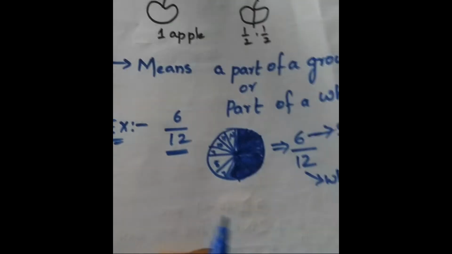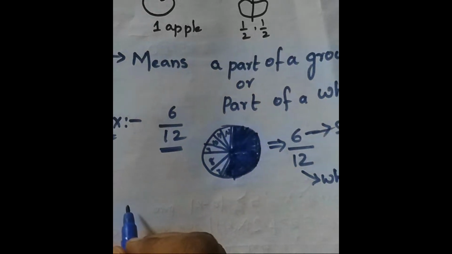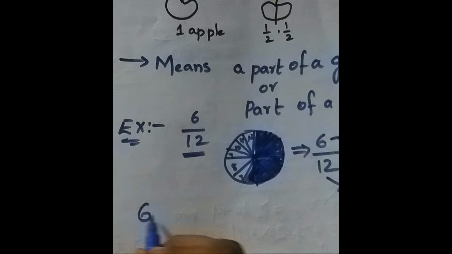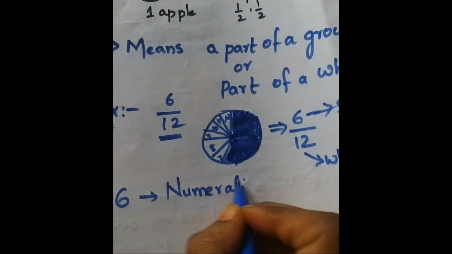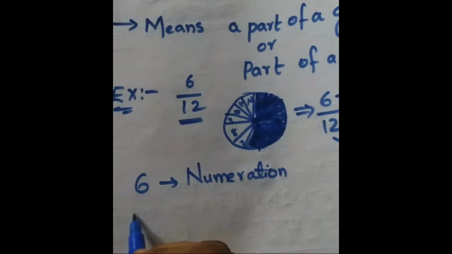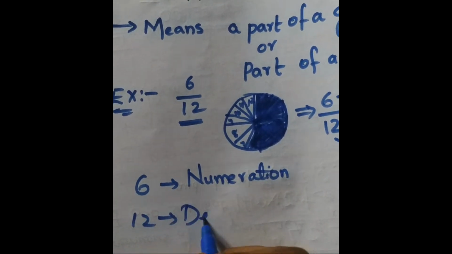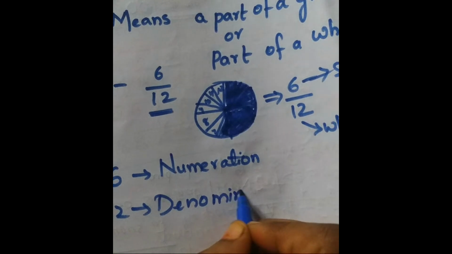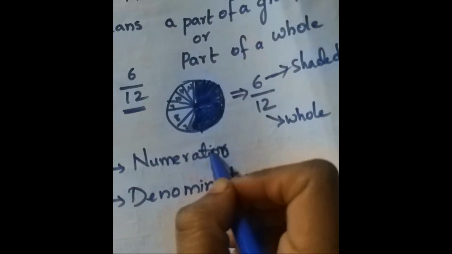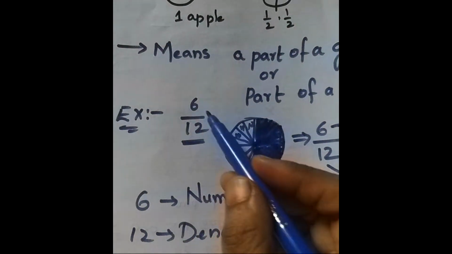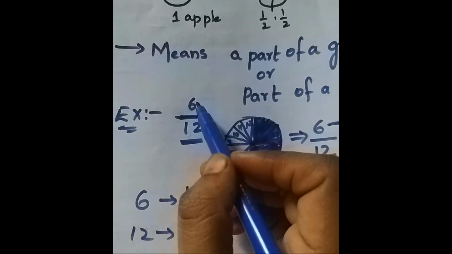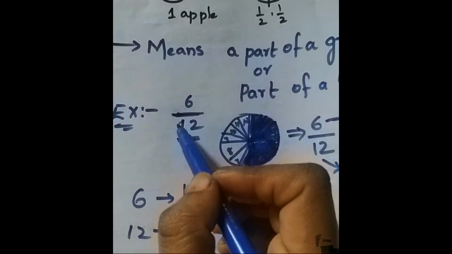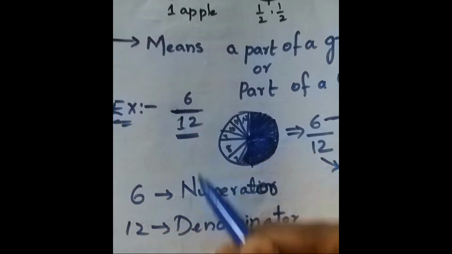We have to denote the fraction in numerator and denominator. 6 is the numerator and 12 we say as denominator. Okay children, see here, 6 we call the top of the line, we say it as numerator, and the down part of the line is denominator.